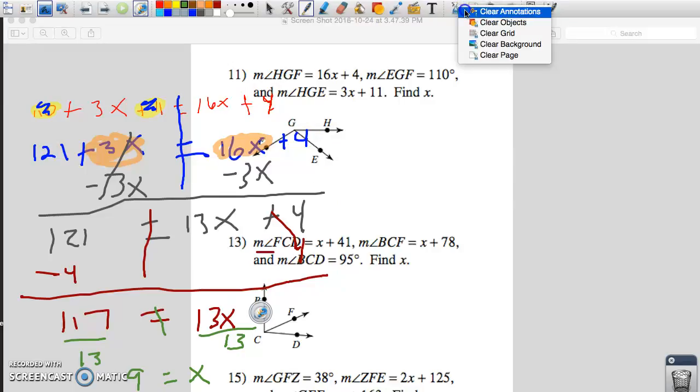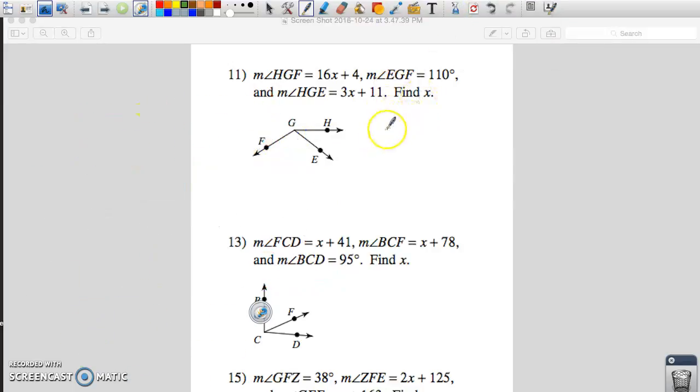So for number 11, right, find x. X equals 9. Let's try that again. All right, so now we have number 13. Okay, so number 13 says this. All right, angle of measure FCD is x plus 41, right?